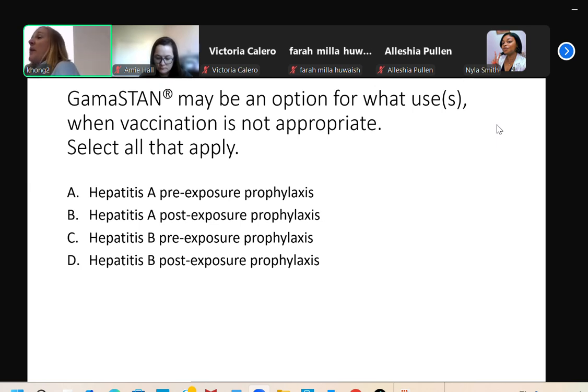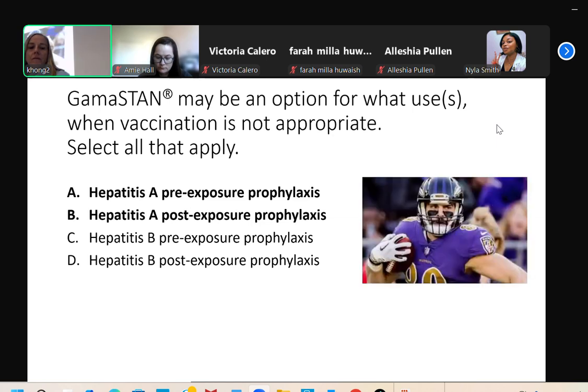The first, do you remember the virus? So Hep A. Okay. So if you can think back to the Hep A lecture, there were a couple slides on what to give when in terms of travel, pre or post exposure. And immune globulin was on both of those. So it can be used for both pre and post exposure.